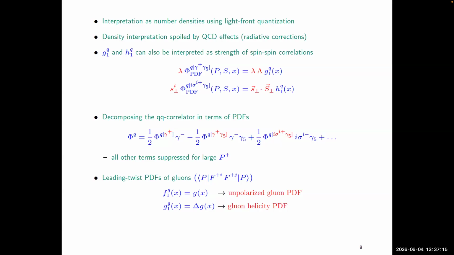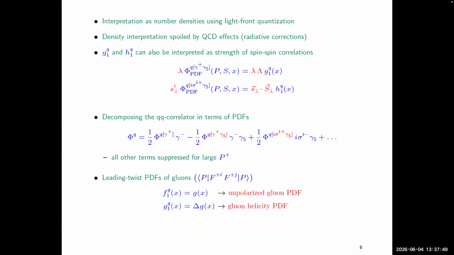The other remark I want to make here is these polarized densities, we can actually consider as describing the strengths of certain spin-spin correlations. For this, I take here the projection that we had for the helicity case, and I multiply with, let's say, the helicity of the quark, and then on the right-hand side, I get the product of the helicity of the quark and the helicity of the nucleon, and therefore we can say this G1 describes the strength of this particular spin-spin correlation.